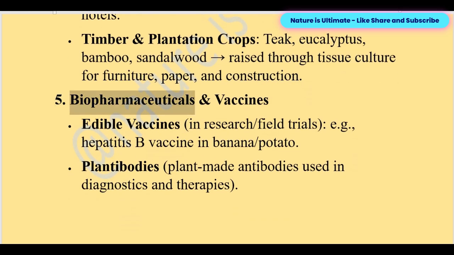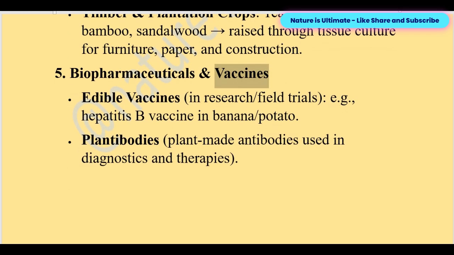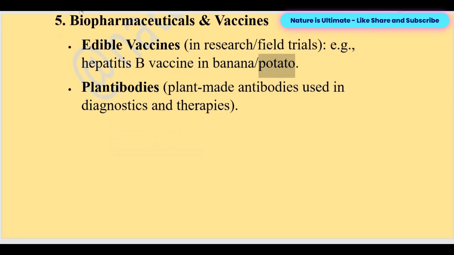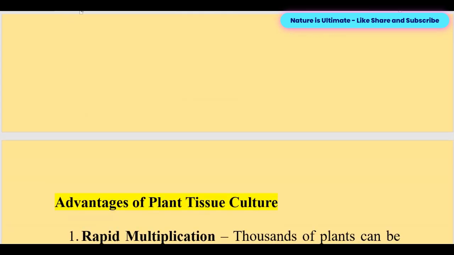Five, biopharmaceuticals and vaccines. Edible vaccines, in research/field trials, example hepatitis B vaccine in banana/potato. Plantibodies, plant-made antibodies used in diagnostics and therapies.